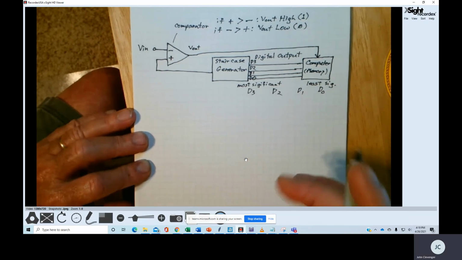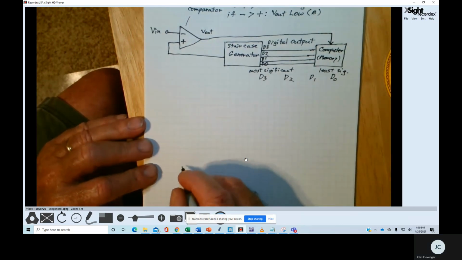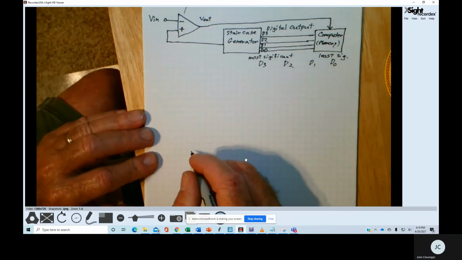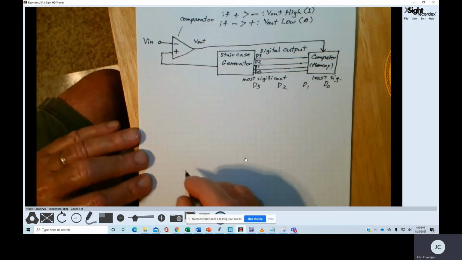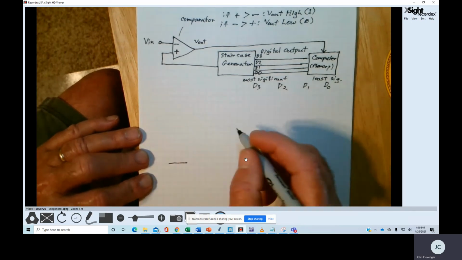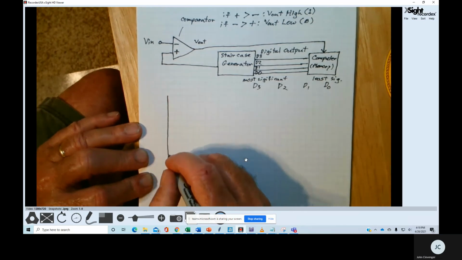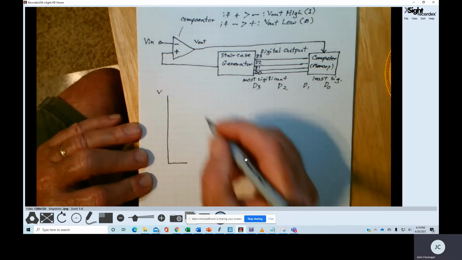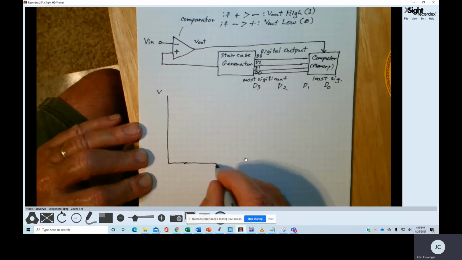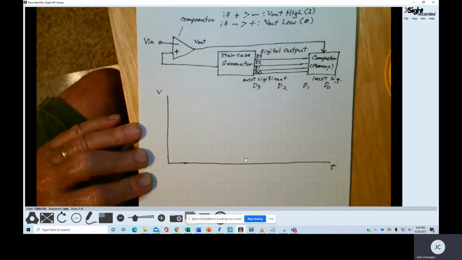Now, our staircase generator is always going to start with a count of 0, and we'll look at a graph here that shows us voltage in the vertical axis and time in the horizontal axis, or the x-axis.